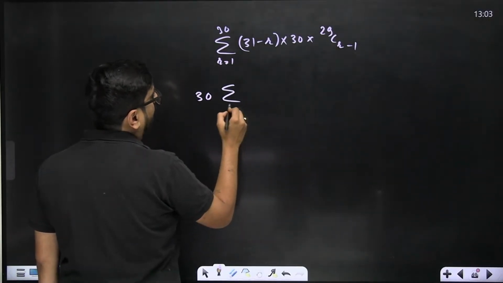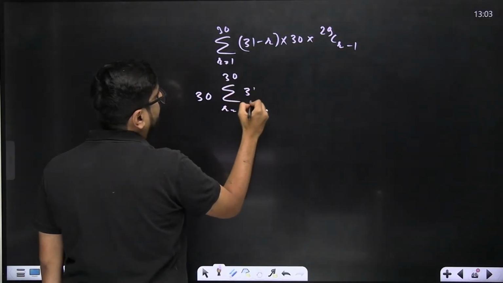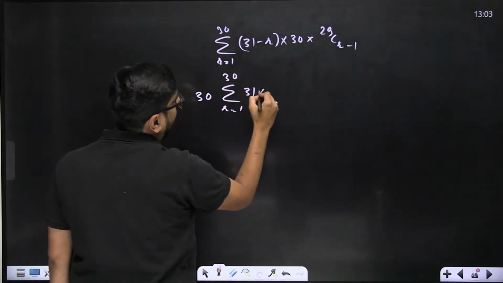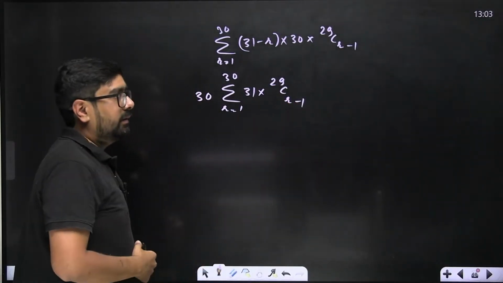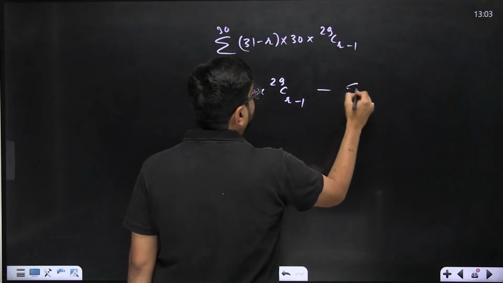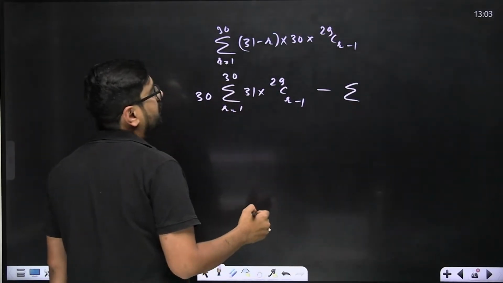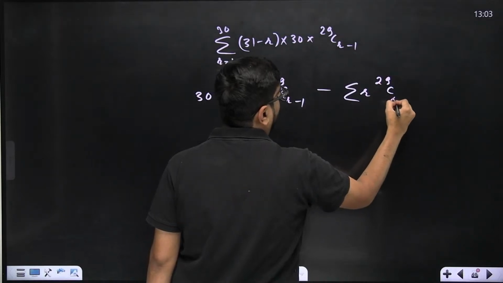Now what we can do, R equal to 1 to 30, 31 into 29CR minus 1, minus, now we can split, minus summation of R 29CR minus 1.